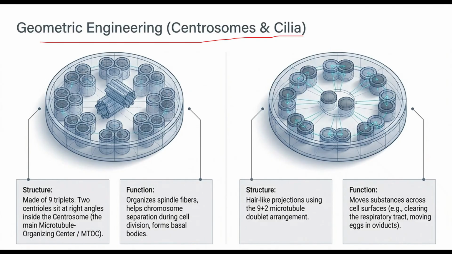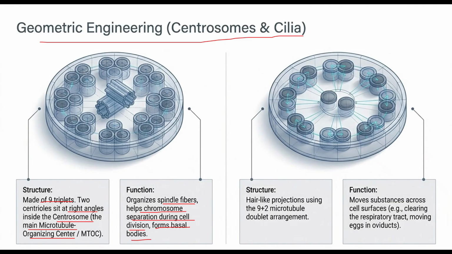Clear. They are found within the centrosome and organize spindle fibers during cell division. So two centrioles sit at right angles inside the centrosome, the main microtubule organizing center. Okay. Their functions: organize the spindle fibers, help chromosome separation during cell division, and form the basal bodies.